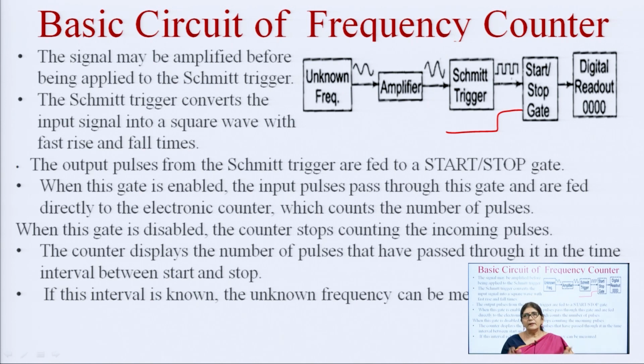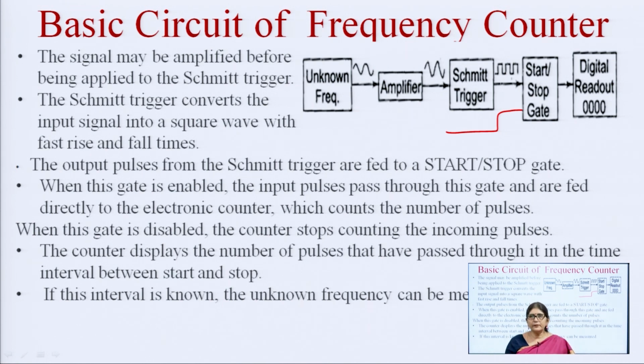Then there is a counter that counts the number of pulses, and a digital readout device, that is, a display device, that displays the number of pulses. In this way we can count the number of pulses.